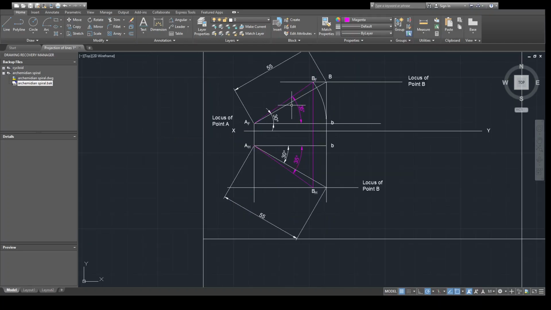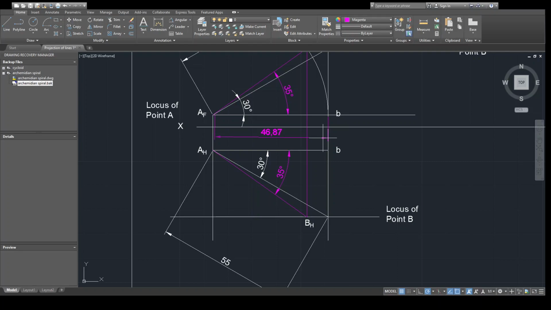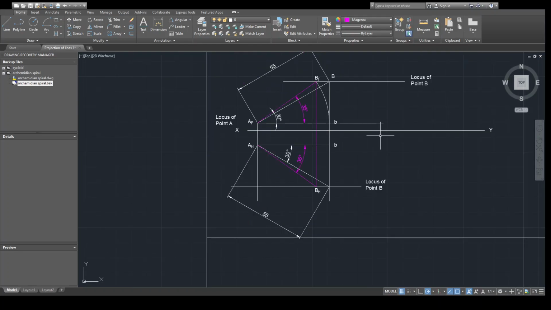You can see the true length is 55 mm, whereas the apparent dimension is only 46.87. So the true length is always higher than the apparent length, and apparent inclinations are always higher than the true inclinations.